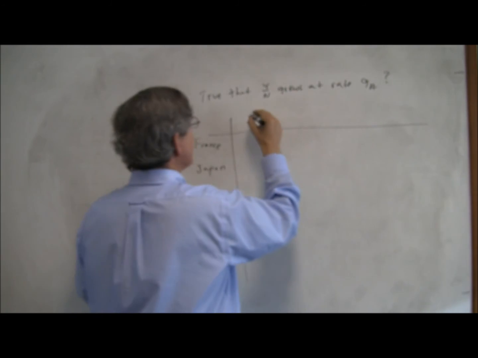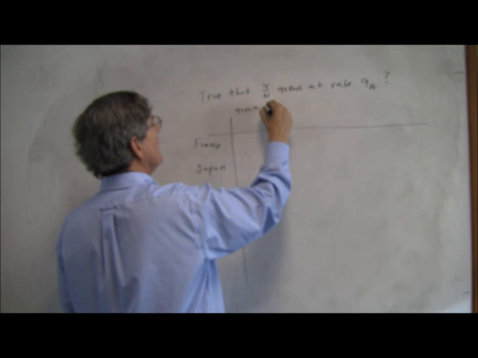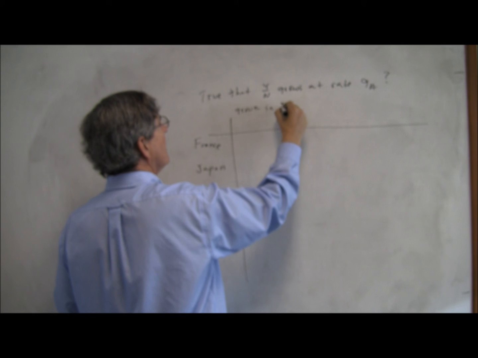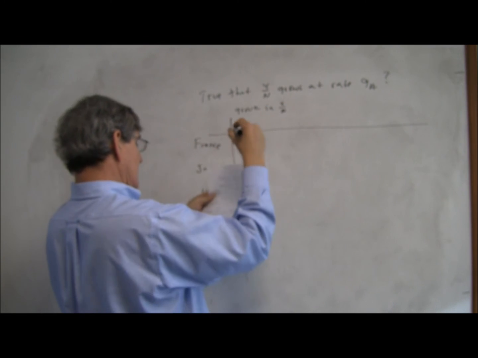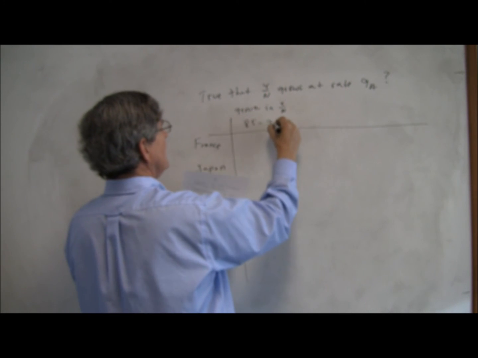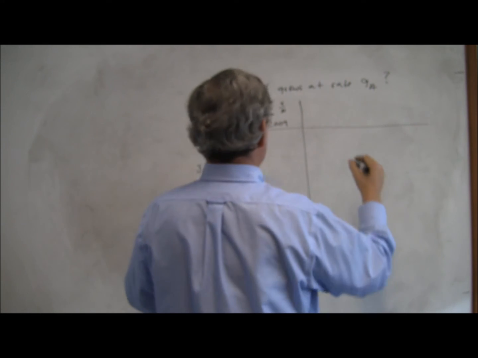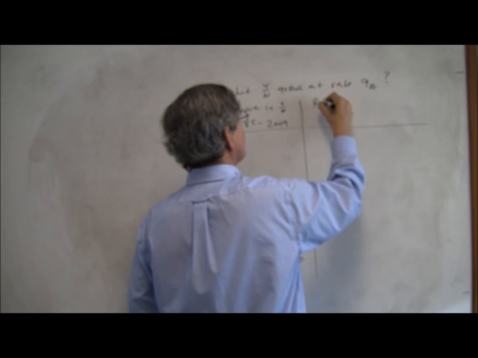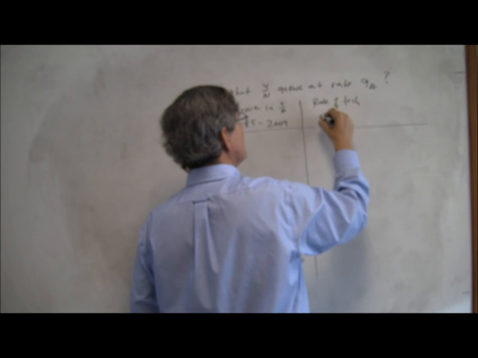And then on one column, we have the growth in y over n from 85 to 2009. And they have some way of measuring the rate of technological progress.